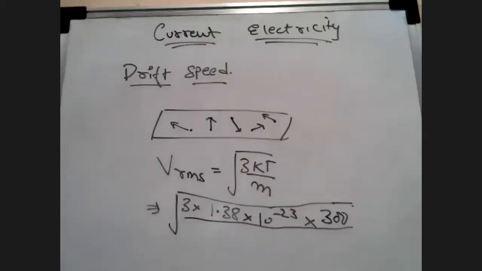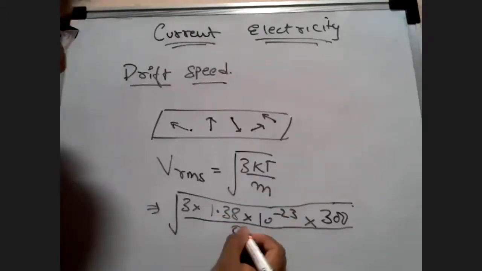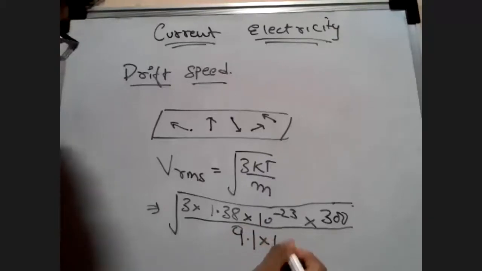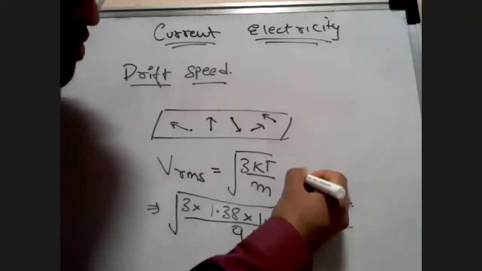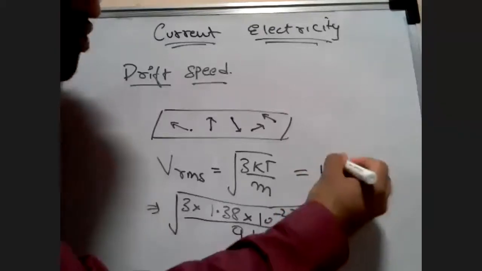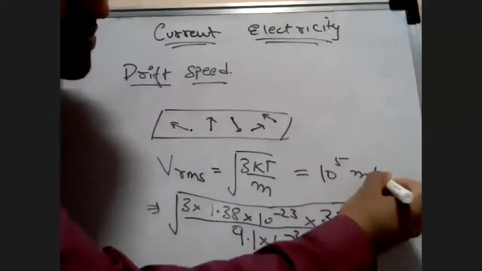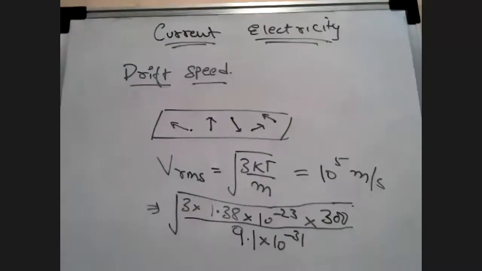Mass of an electron will be 9.1 into 10 raised to minus 31. If you solve many problems, you will know all this. How much does this sum up to? V RMS comes up to, you won't imagine, 10 raised to 5 meters per second.